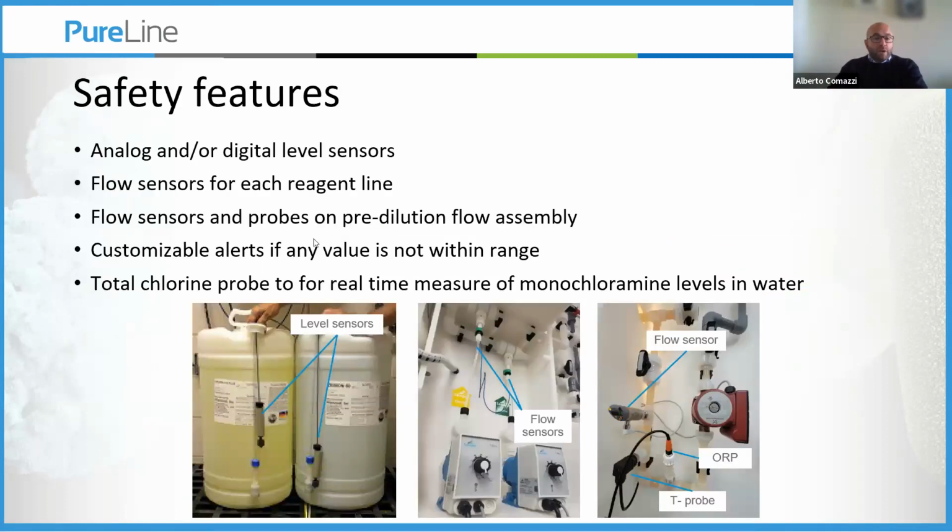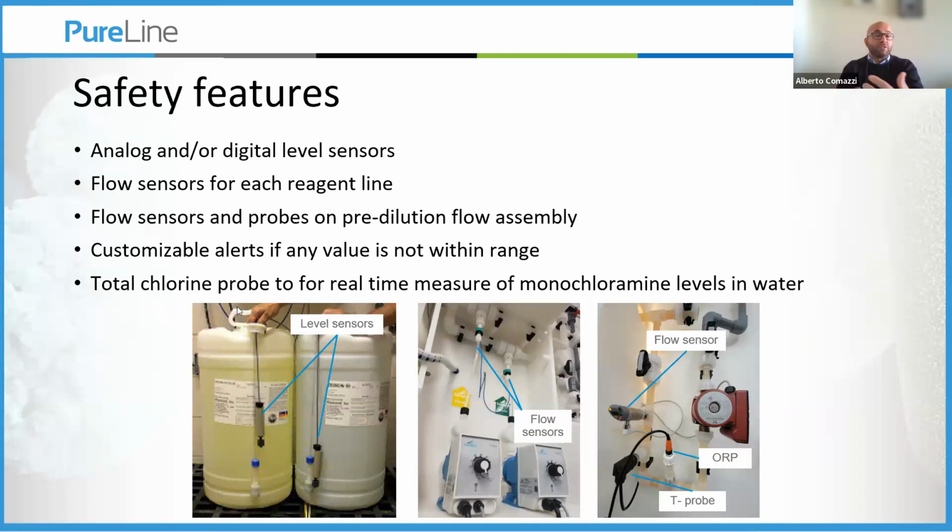Safety features of the generators. A level sensor can be installed in the tank, a typical open-close level sensor or analog level sensors that can tell the level in the tank at any point in time. Flow sensors on each reagent line, that's the picture in the middle.